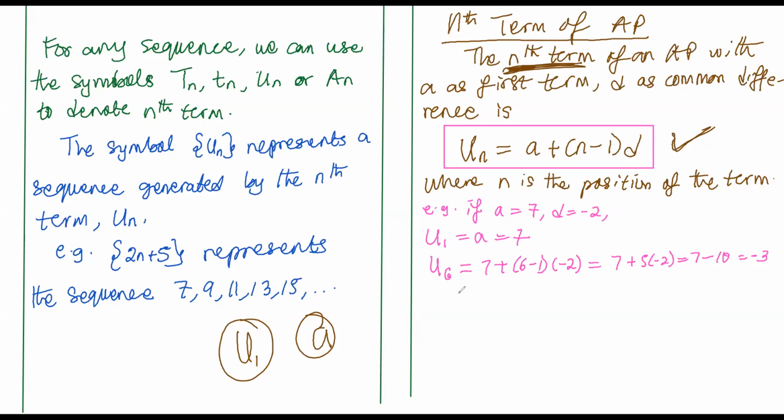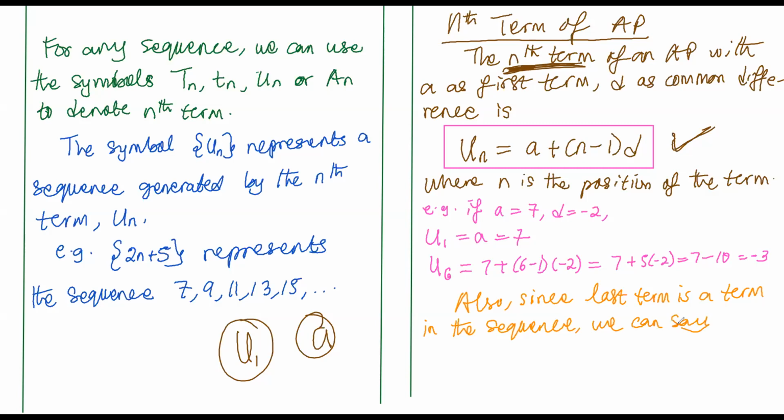Since the last term is a term in the sequence, we can say the last term L, I use small l for that, is also A plus n minus 1 into D. The only difference is that your n this time around is not a position.